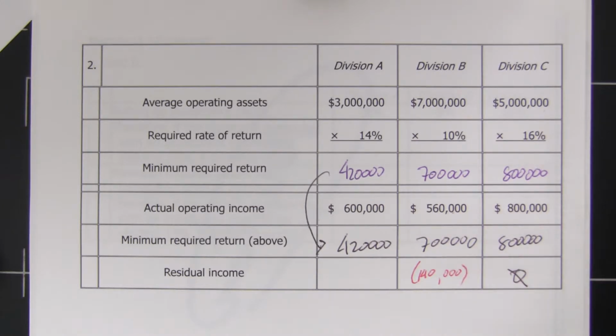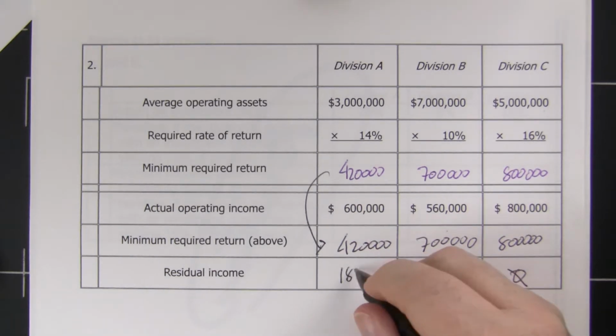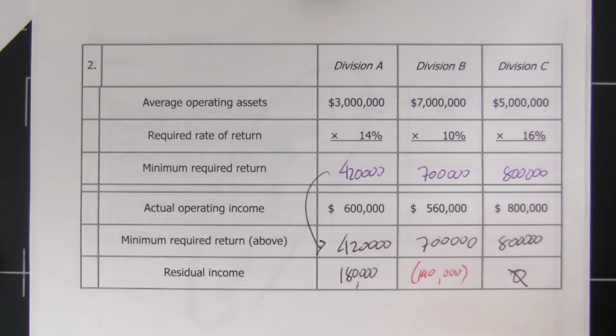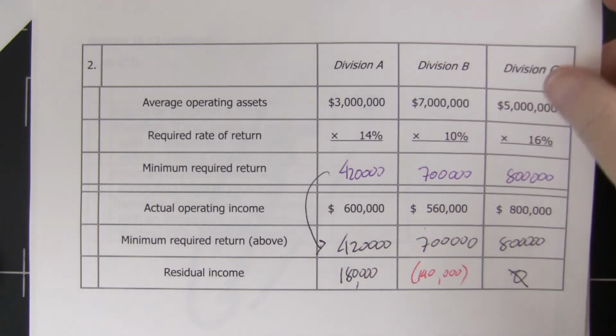It falls short by 140. I'm hoping that manager's getting his or her resume up to date. And it's only the small division that measured up by residual income. So when we looked at return on investment, they all had positive return on investment. When we looked at residual income, only the smallest division had the minimum required rate of return.